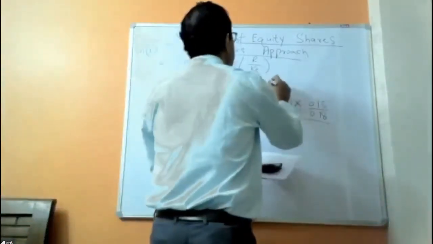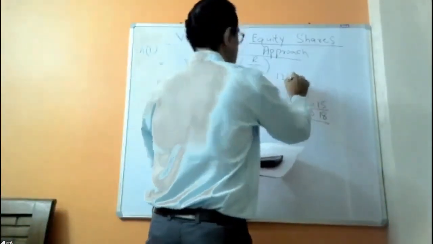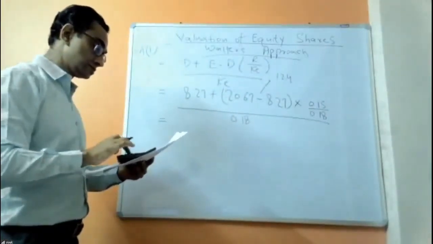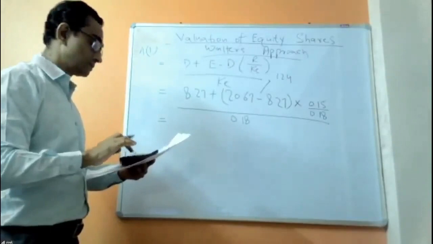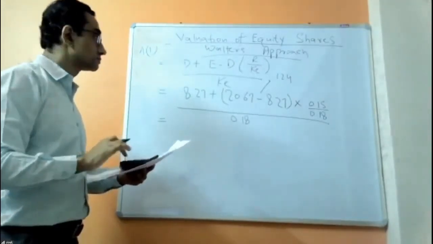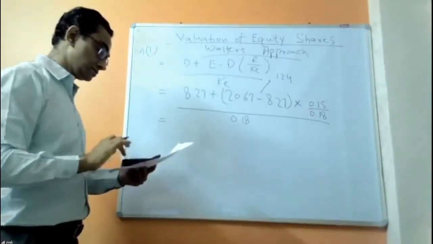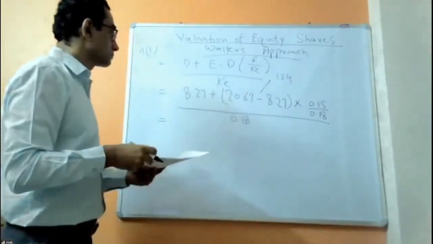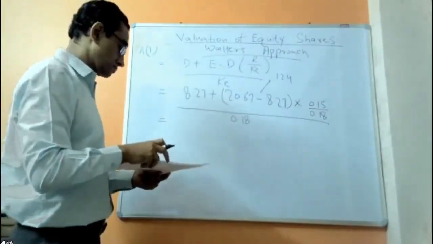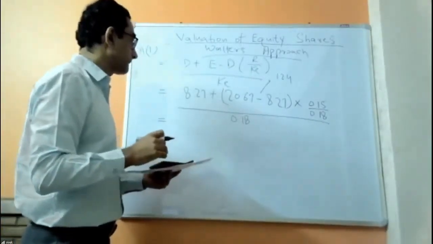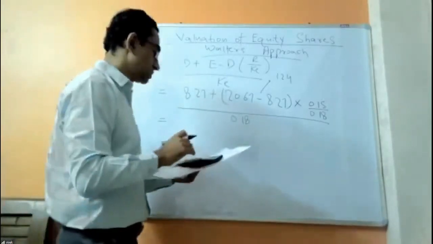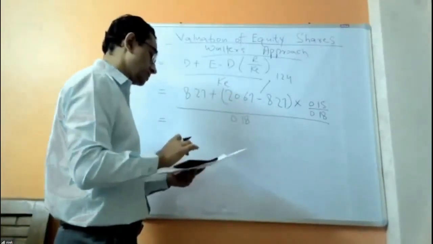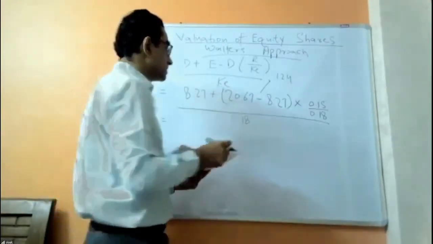So this portion is 12.4. Okay, 10.33 plus 8.7 is 18.60.